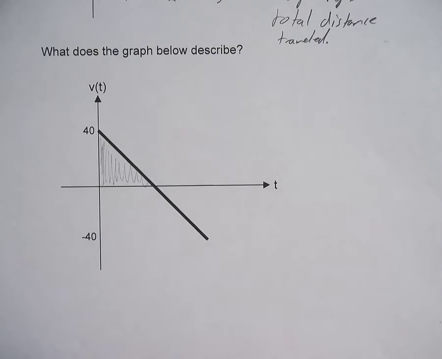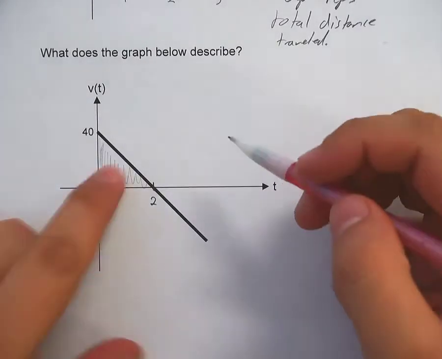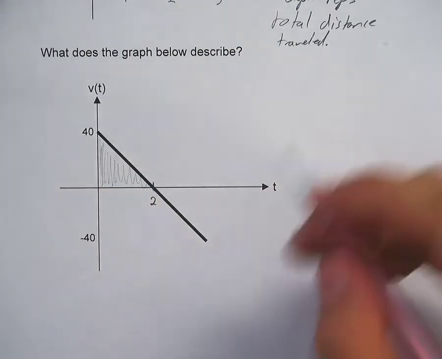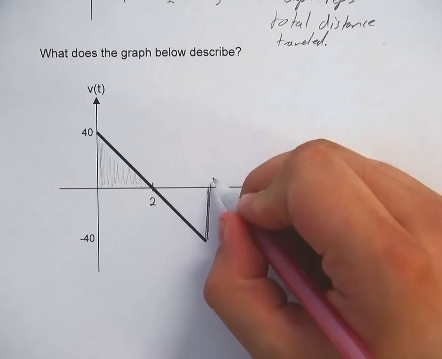Now, straight off, I don't actually have any values for x, so I'm just going to make something up real quick, just as an example. Let's say that this point right here happens at 2. So 1's over here, 3's over here. So say it goes from 2 to 4. Those are nice even numbers.